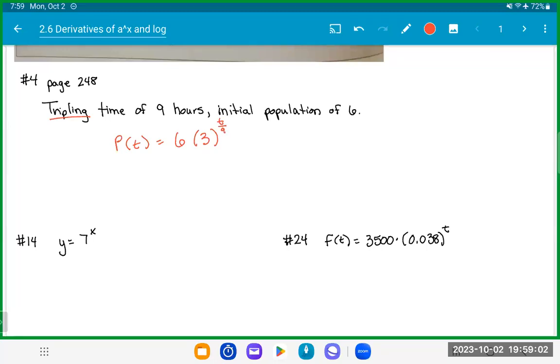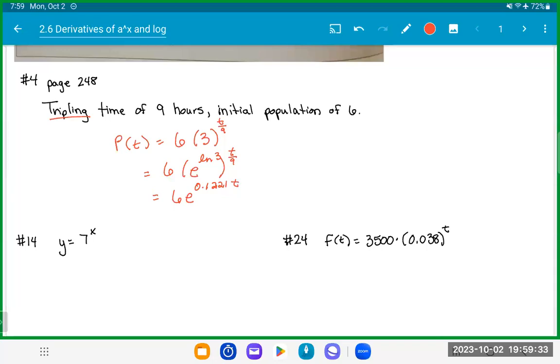That would be our initial equation. When we simplify this, it's going to be 6 times e to the ln of 3 raised to the t over 9. This further simplifies to 6 times e to the 0.1221t.